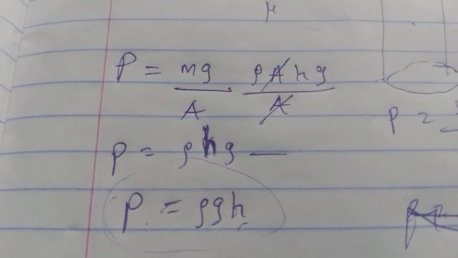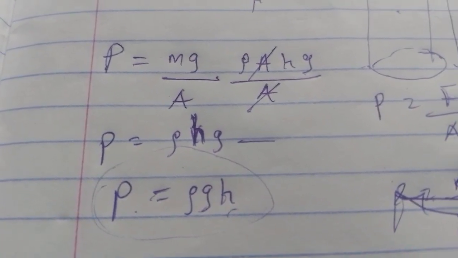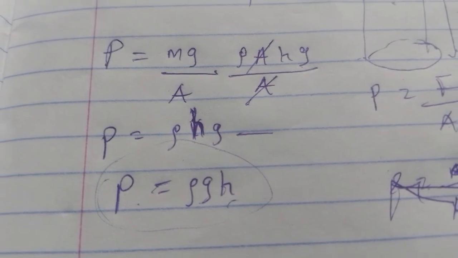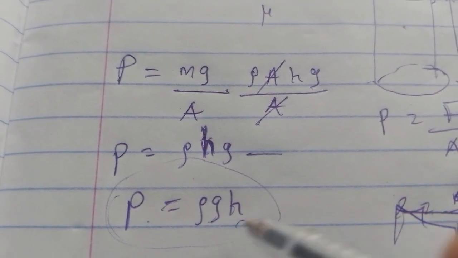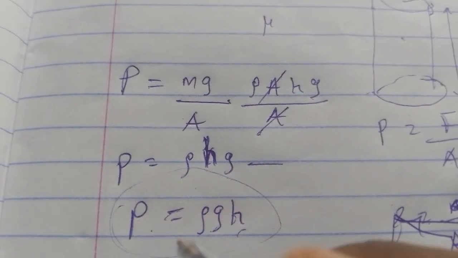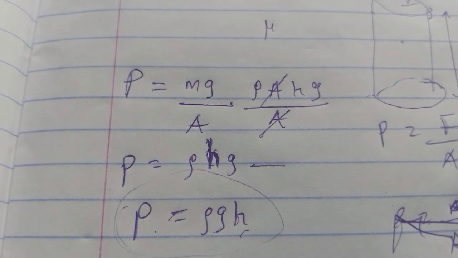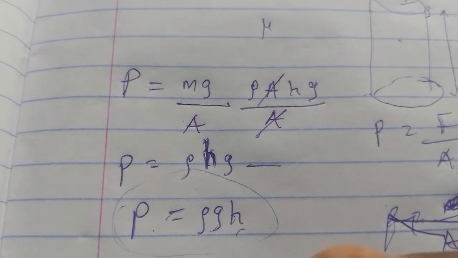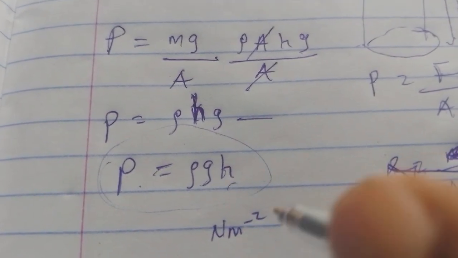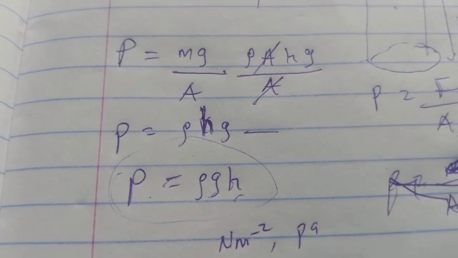If you are given a question, you will be able to solve many questions using this equation. We're going to solve a question on our screen right now and see how we can apply this formula. But before we do that, you must know that the unit of pressure is Newton per meter square. Another unit of pressure is Pascal.